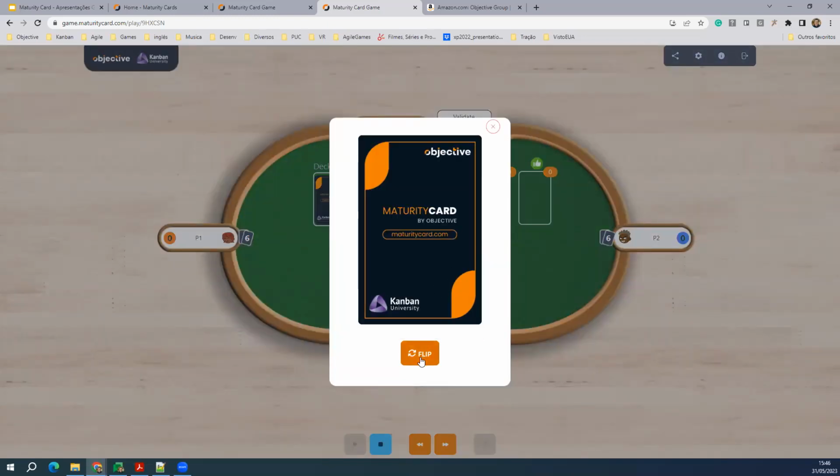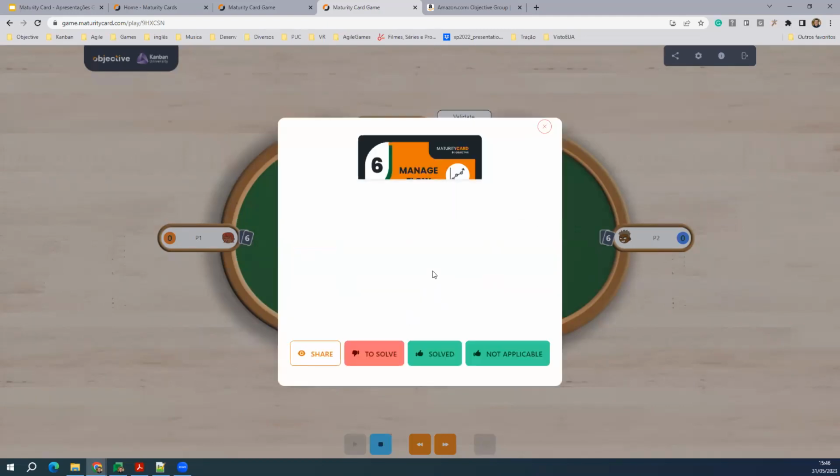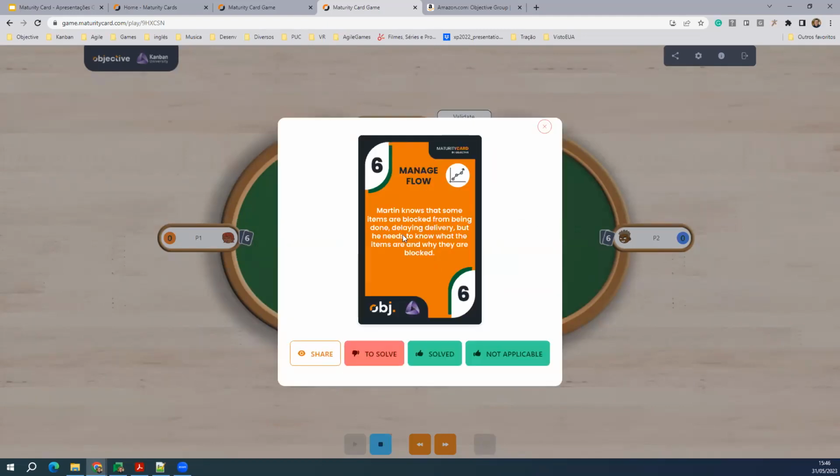So the facilitator will flip the card, and we will read the scenario to all the players. Martin knows that some items are blocked from being done, delaying delivery, but he needs to know what the items are and why they are blocked.